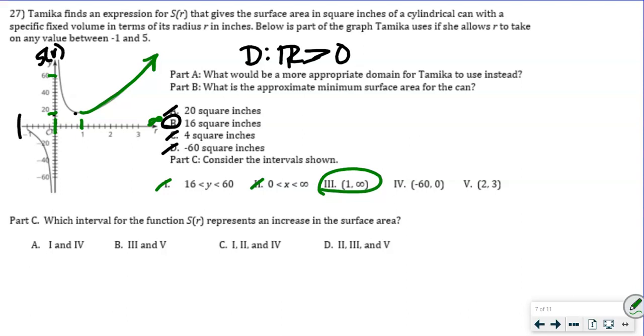That was definitely decreasing, so it can't be that one. And then from 2 to 3, that would be from here to there. What do we see the graph doing from 2 to 3? It is increasing, so that would be our other one. So that means our answer must be 3 and 5, which was B.